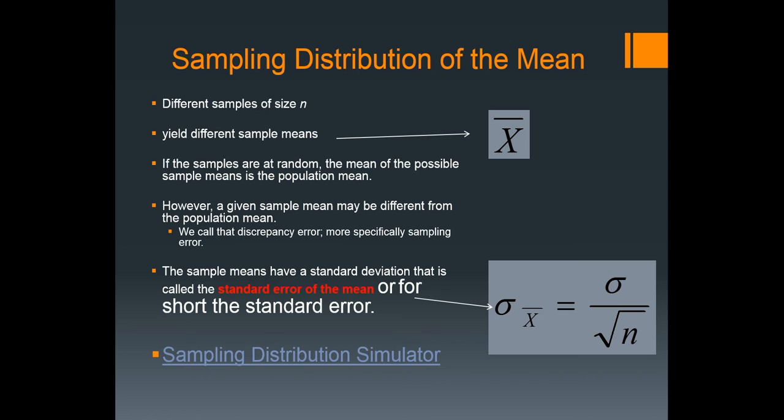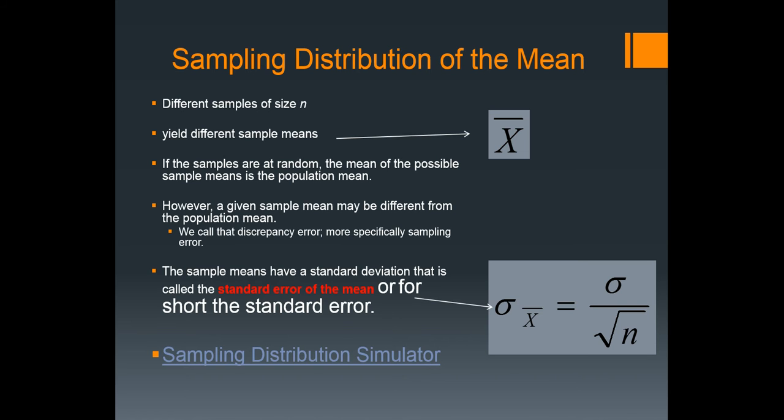Now, one sampling distribution that we're going to talk about a lot in this course is the sampling distribution of the mean. We're going to at least rely on this a lot in the course. So for any sample of, let's say, size n, we could repeatedly sample, let's say, size 10, from a population.